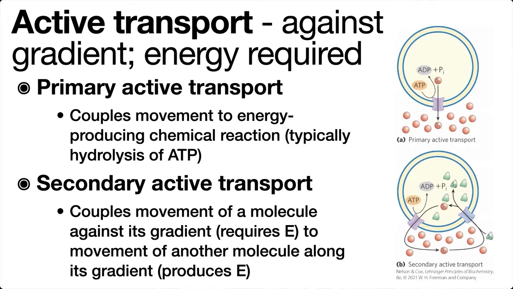And we have secondary active transport, where we couple the movement of a molecule against its gradient, a molecule that requires energy to move, to the movement of another molecule along its gradient. So a molecule produces energy by moving along its gradient, and that can be used to drive the movement of a different molecule against its gradient.